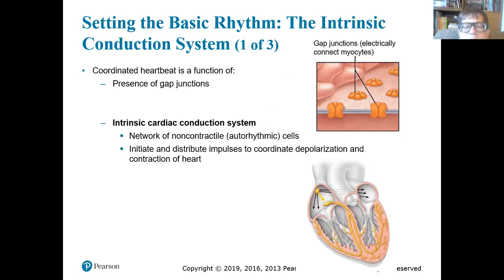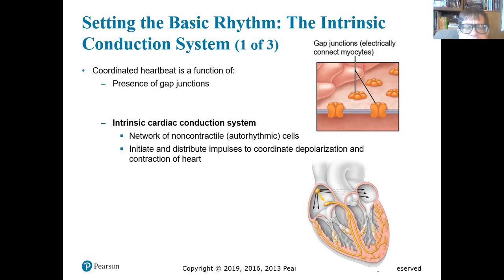Okay, we've talked before about the gap junctions that are found in the intercalated discs that allow chemicals building up in one heart cell to move to the next one, and how that means that all of the heart cells are electrically connected.